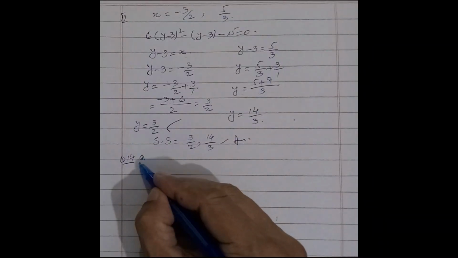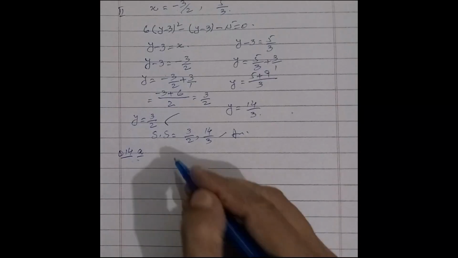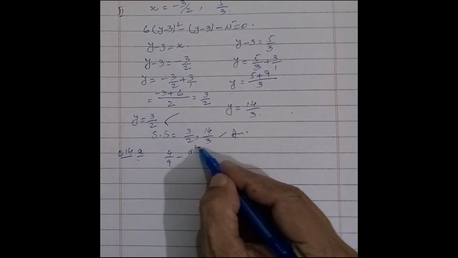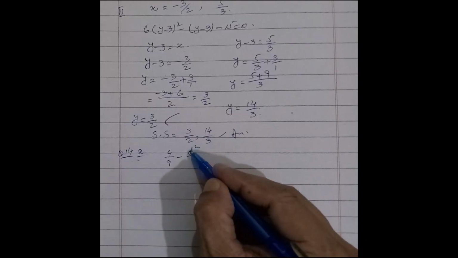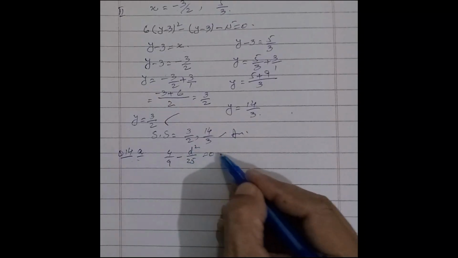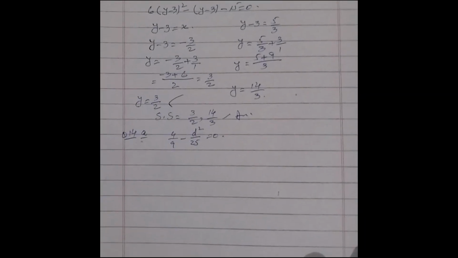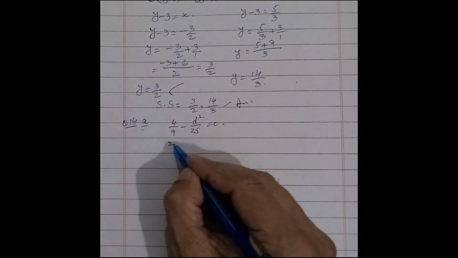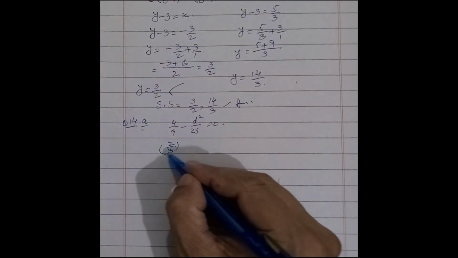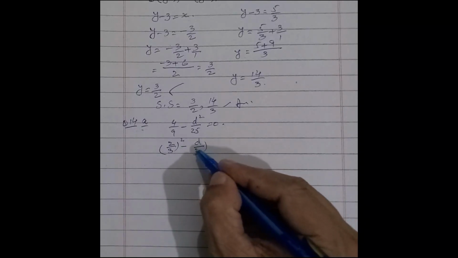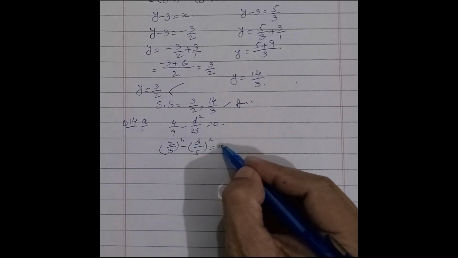In 14, A part is 4 over 9 minus b square over 25 is equal to 0. We take the square root of the two values, which is (2 over 3) whole square minus (b over 5) whole square is equal to 0.